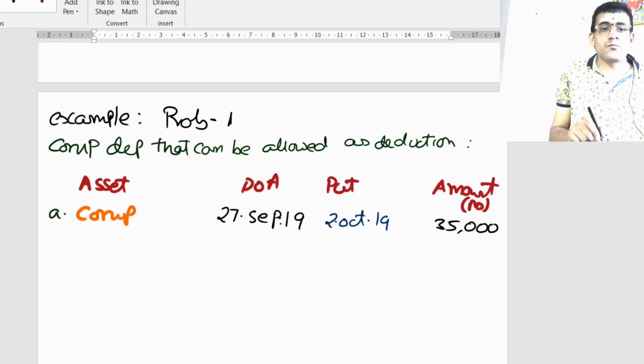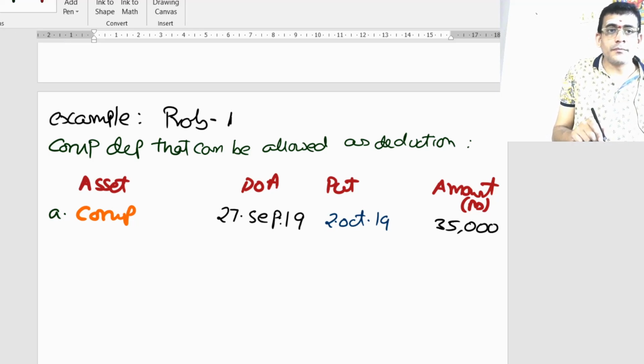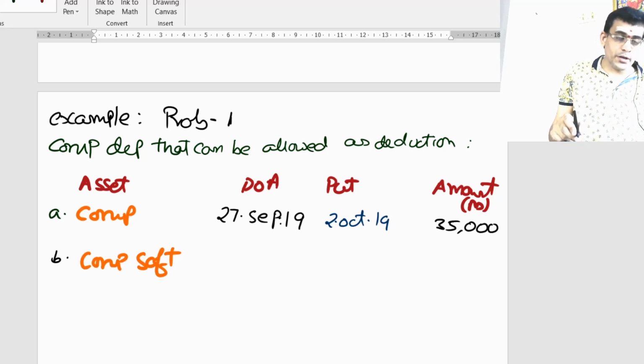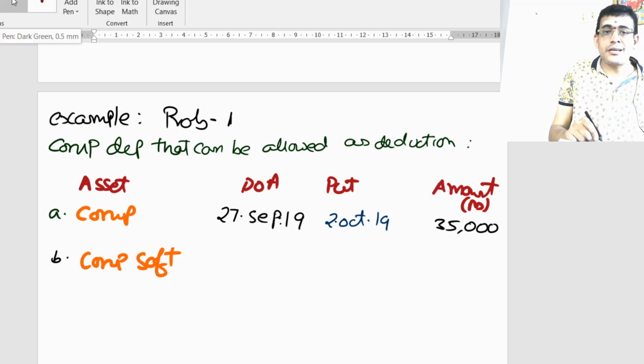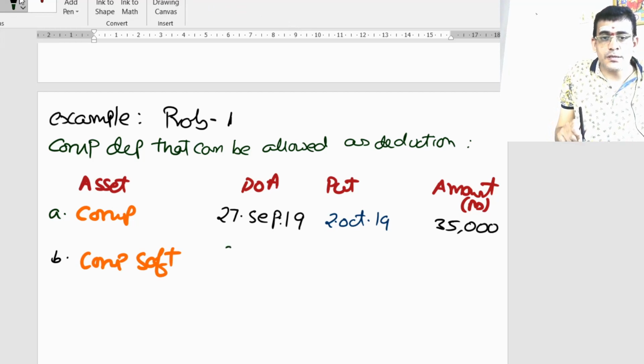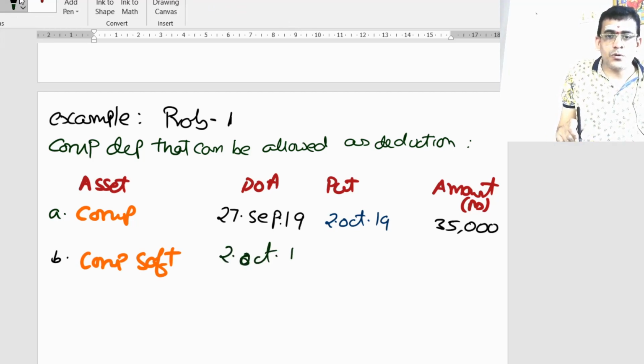Then let us move on to the second asset, B. Computer software. You had purchased initially the computer. Now you are purchasing computer software. The date of acquisition is 2nd October 2019.